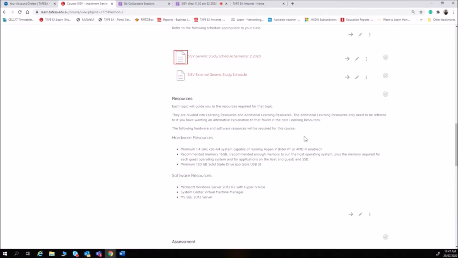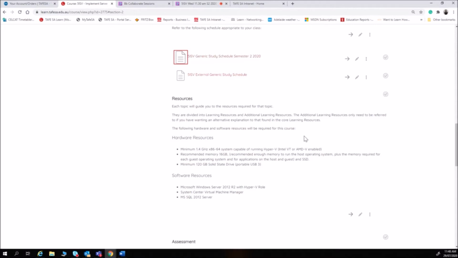It says minimum 16 gigs of RAM, minimum 120 gigs of solid-state hard drive. That's the minimum. If you want things to run even better, especially now that people are easily getting more than 16 gigs of RAM and more than 120 gigs of solid-state storage, and a lot of students even have NVMe and high-performing solid-state hard drives, that's going to make your life a lot easier.